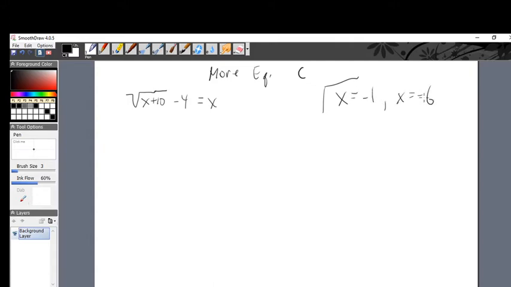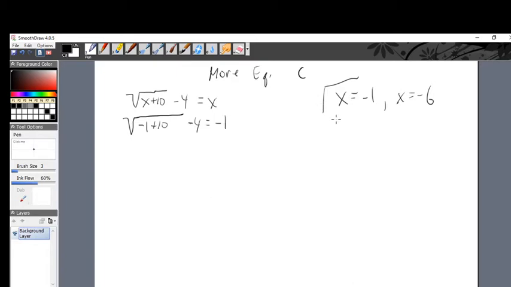Let's check and see if they actually work. Okay, x equals -1. So replace all your x's by -1. We've got the square root of -1 plus 10, minus 4 outside the radical, equals -1. So that's our proposed solution.